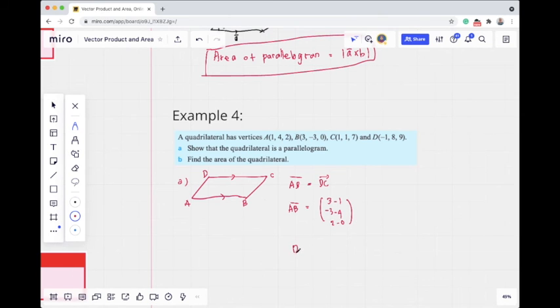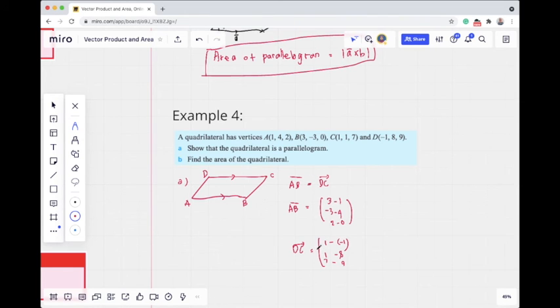Then DC is C minus D, so 1 minus negative 1, 1 minus 8, 7 minus 9. Is it correct? AB, B minus A.